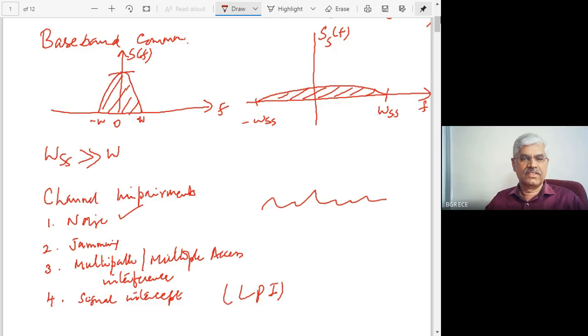So the spread spectrum technique will make such interceptors find it very difficult to make meaning out of it, because after spreading the signal, if you look at the waveform, it will almost look like noise. So the interceptors will not be able to make meaning out of that noise.